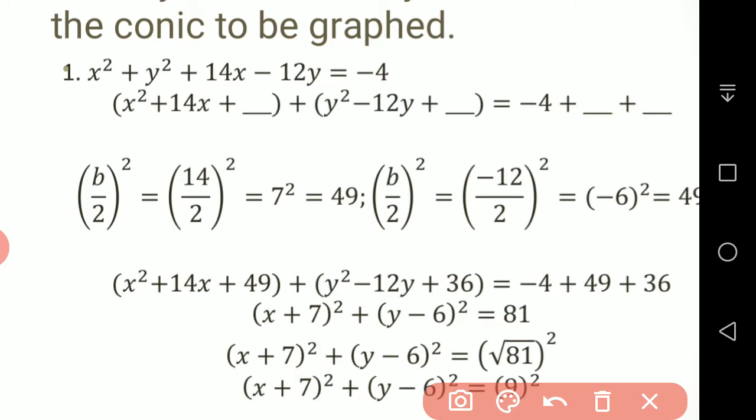Now we are almost done with the standard form. We only need to accomplish the radius.